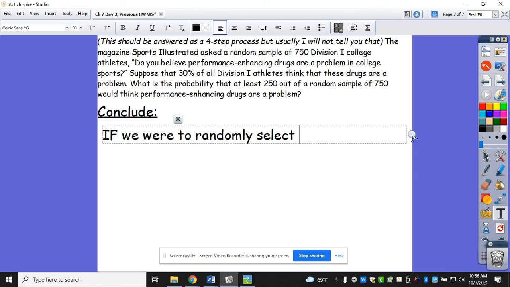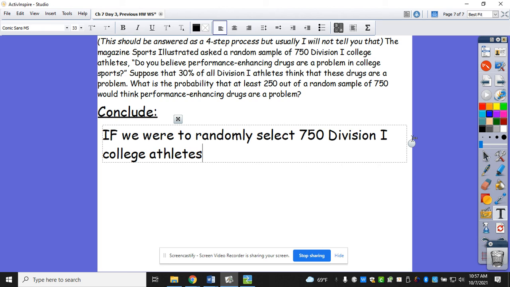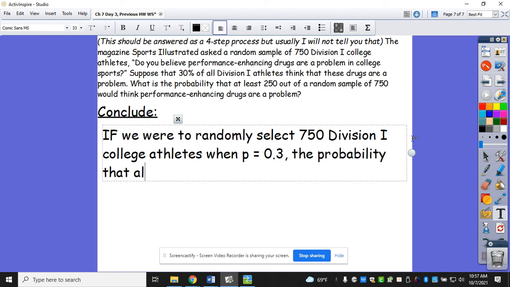If we were to randomly select what? And what? Would what?